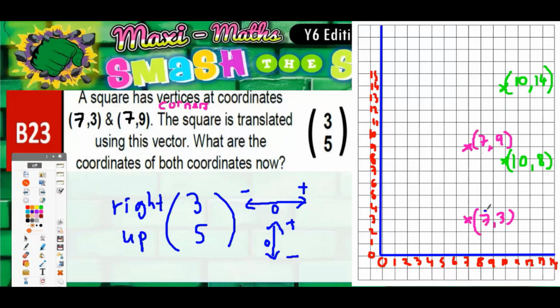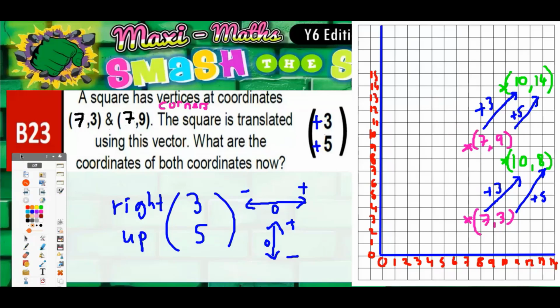So from that 7 to that 10 is add 3. From that 7 to that 10 is add 3. And the second numbers have added 5 each time. So 9 to 14 is add 5. And 3 to 8 is also add 5. So that is actually what you're doing. You're adding 3 to the first number and you're adding 5 to the second number.